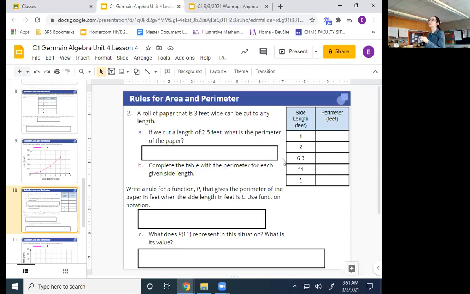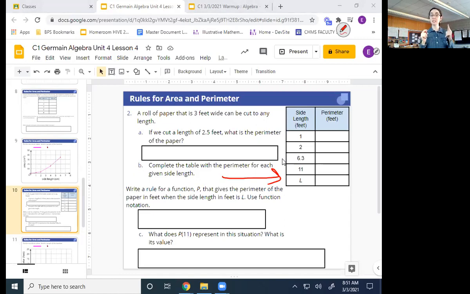If we cut a length of 2.5 feet, what is the total perimeter of my piece of paper going to be? Number one. And then I want you to look at this table and complete the perimeter for all of these other side lengths as well, knowing that the width is always going to be 3 feet.